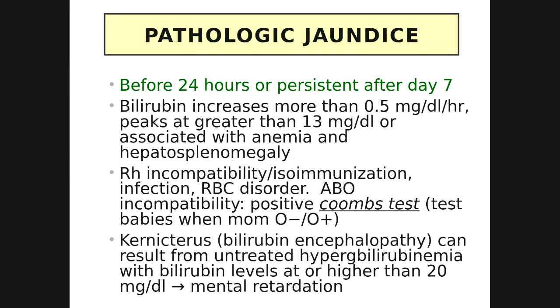A Coombs test looks to see if this incompatibility is happening. It is tested on the baby's blood. And if it comes back positive, then you may have found the reason behind the pathologic jaundice, okay? And then if it's not treated, I said it can lead to bad outcomes. So you can have kernicterus, which is bilirubin encephalopathy.